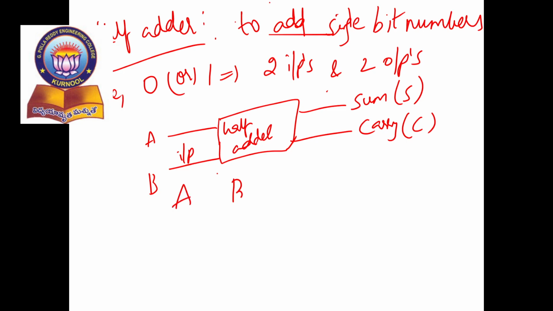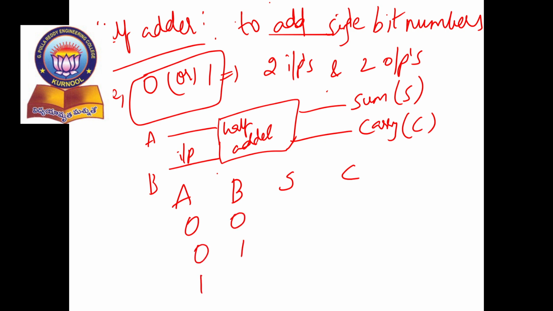Write down the inputs A, B, and the outputs sum and carry. The half adder is used to add single bit numbers only, that is 0 or 1 only. So the inputs will be 0 0, 0 1, 1 0 and also 1 1.